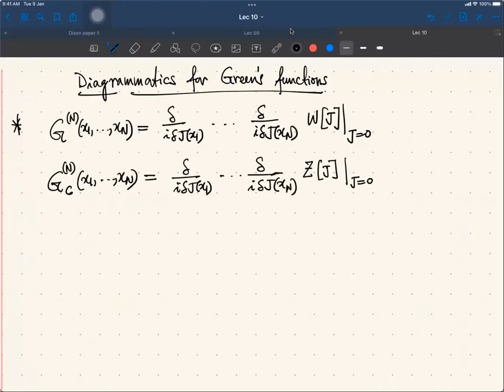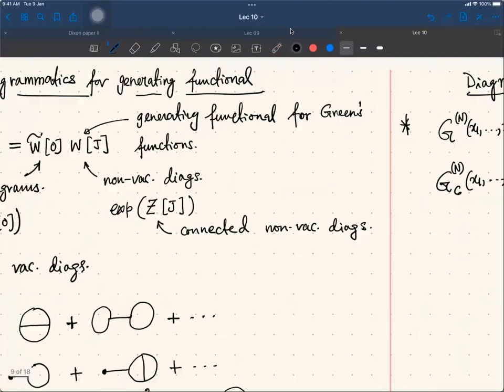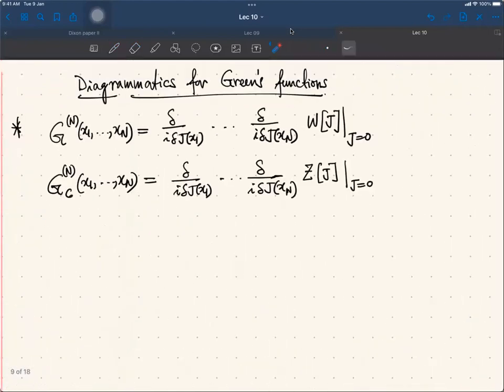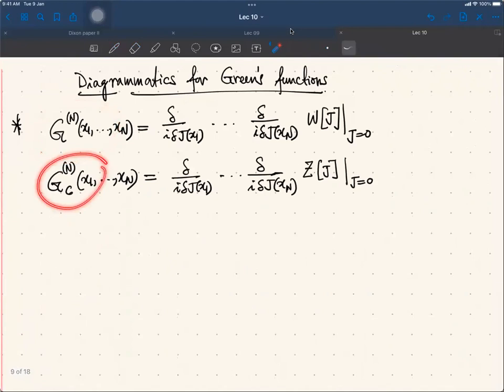You remember that in the free theory we had only one connected diagram, which was given by this one, but the Green's function had many other terms corresponding to multiple copies of the same. Those are like the G_n, but for G connected n, there is only one possible Green's function, which is a 2-point function. That was the scenario in free theory, but now the structure will be much more complex.